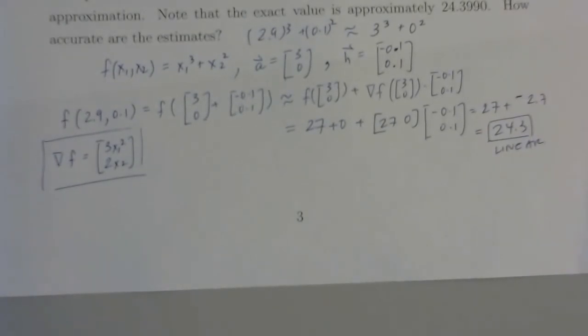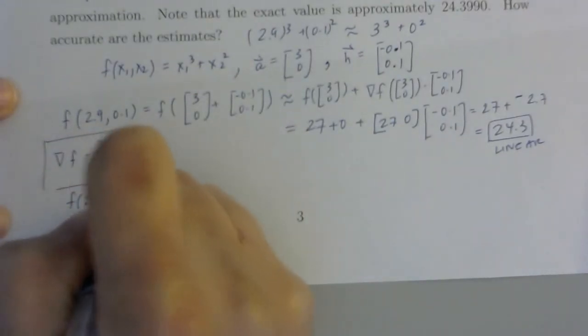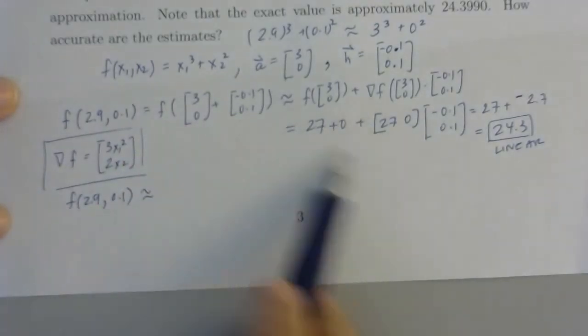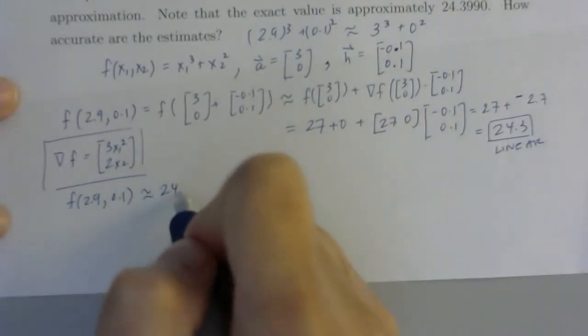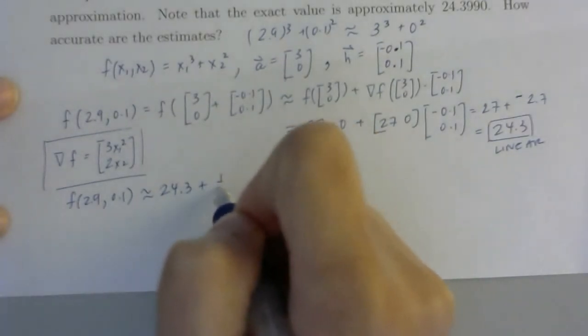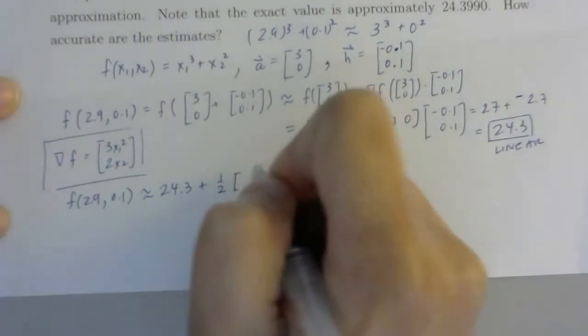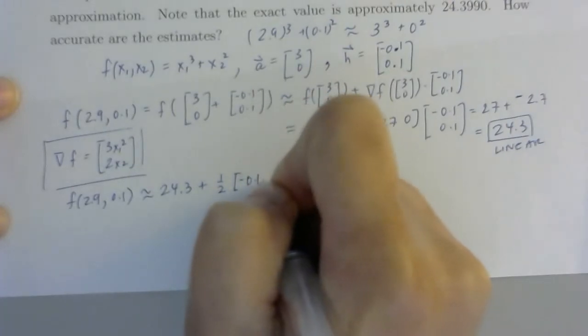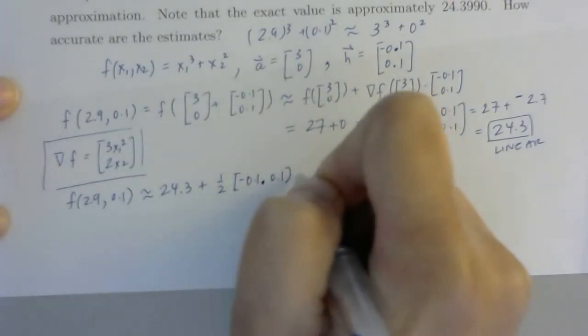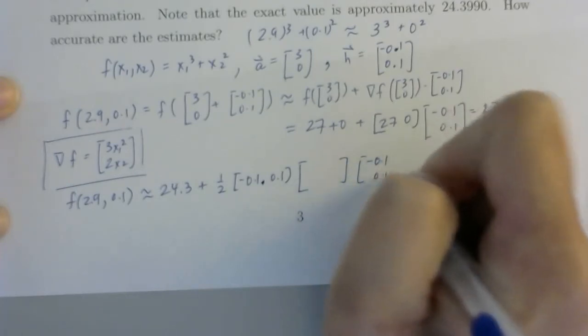The first thing to notice is that for the quadratic approximation, our actual value is going to be approximately whatever the linear value was, 24.3, plus this higher order correction, which is 1/2 h transpose, which is minus 0.1, 0.1, times the Hessian, whatever that is, I'll just write a matrix and we'll fill it in, times h again, minus 0.1 and 0.1.